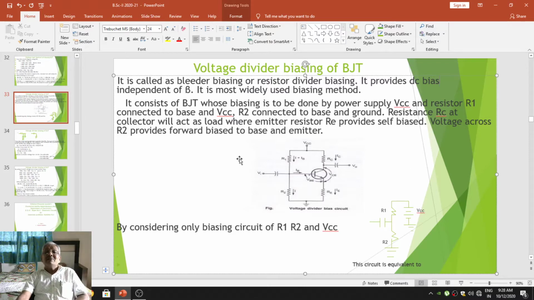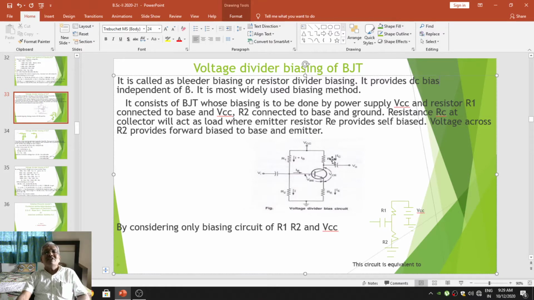This method of biasing the BJT consists of a transistor Q or T in common emitter configuration, to which the input signal is applied between base and ground, whereas the output is taken across collector and ground. Here, the emitter resistance provides the self-biasing to the BJT as we have already studied.